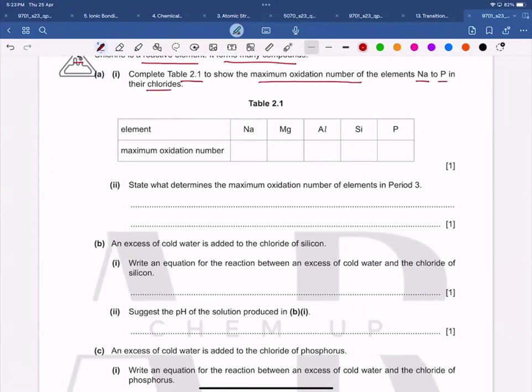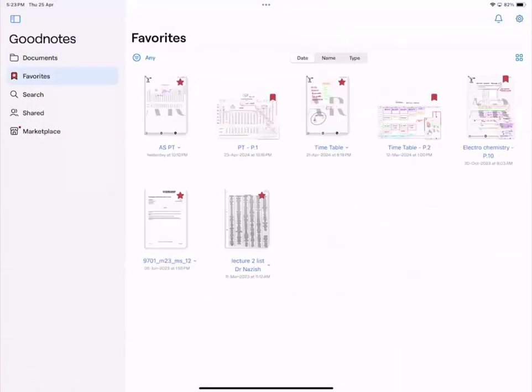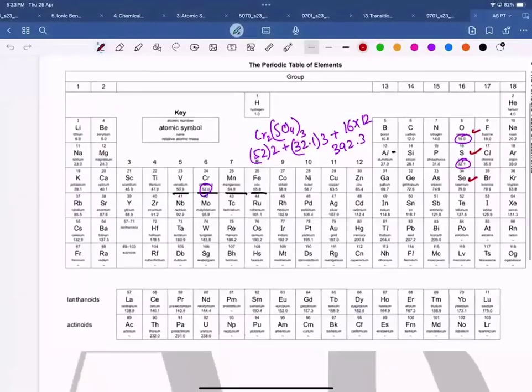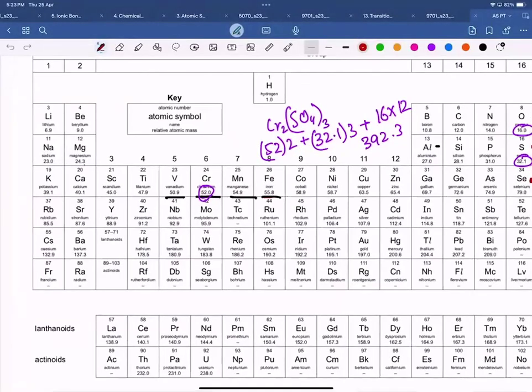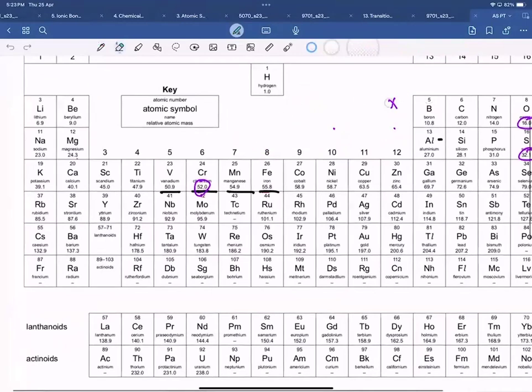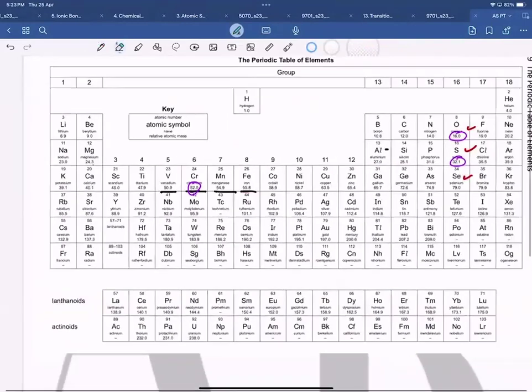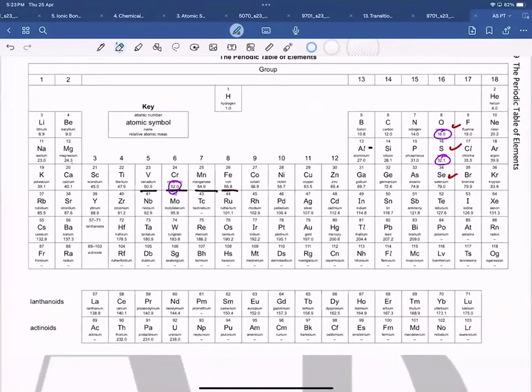If you look at the periodic table, you see that chlorine is present in the same period.